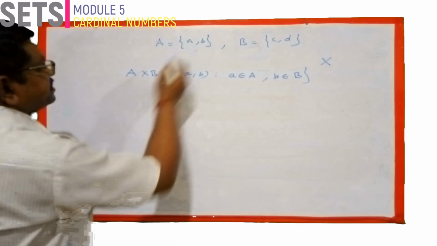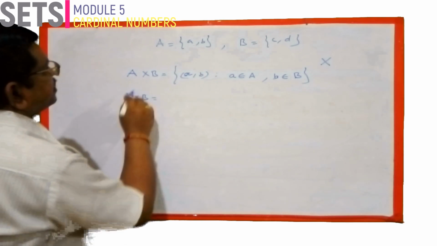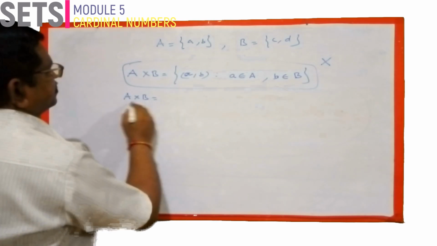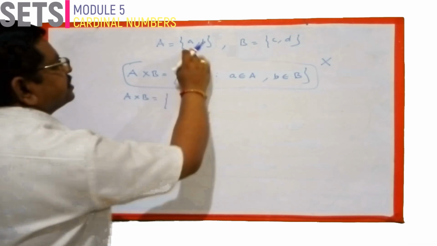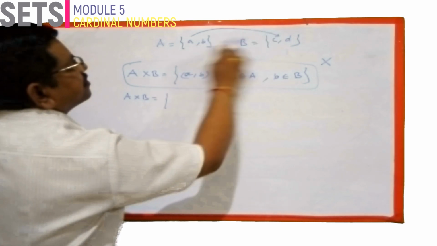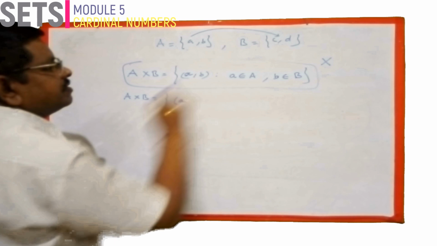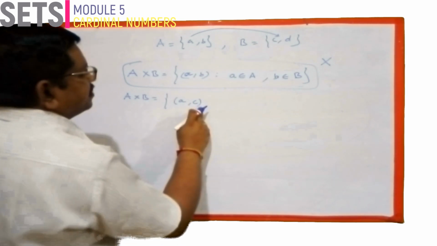So now with this example we can. So here A cross B is a definition. Now we are solving this. A cross B is equal to set of, now this element A is the first element of the open bracket and this element C is the second element of the open bracket.